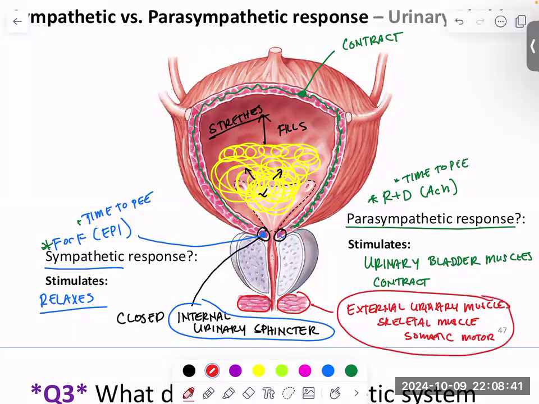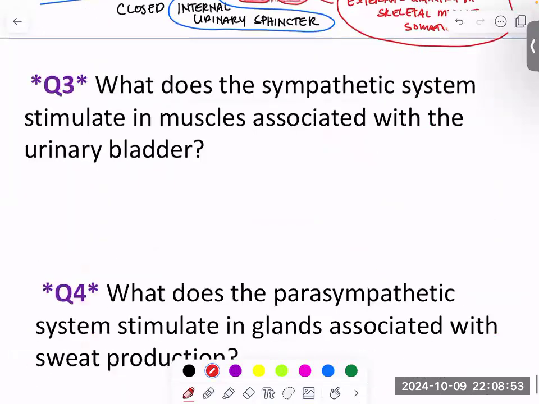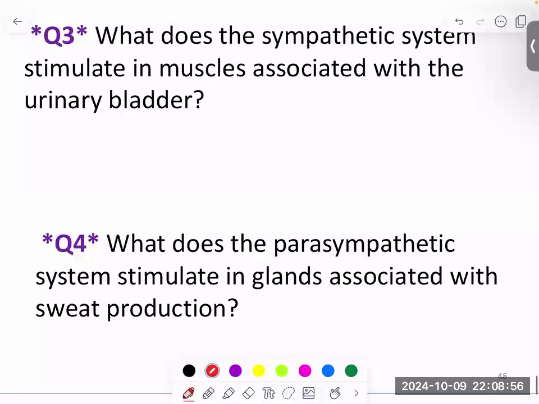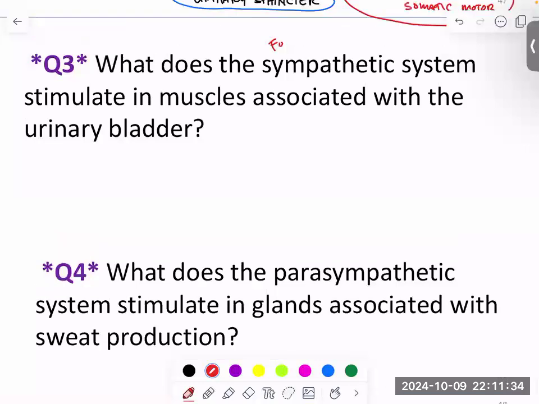The other two are controlled by the parasympathetic and sympathetic division when it's time to pee. What does the sympathetic fight or flight response use? Which neurotransmitter, folks?